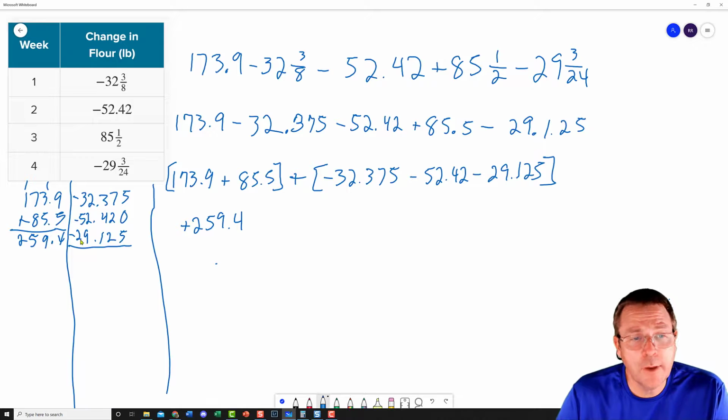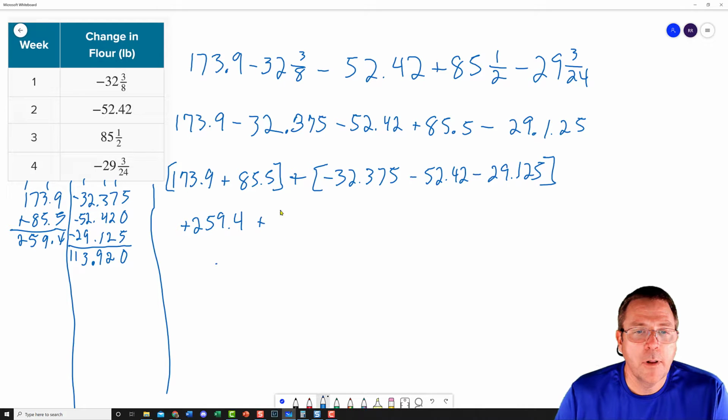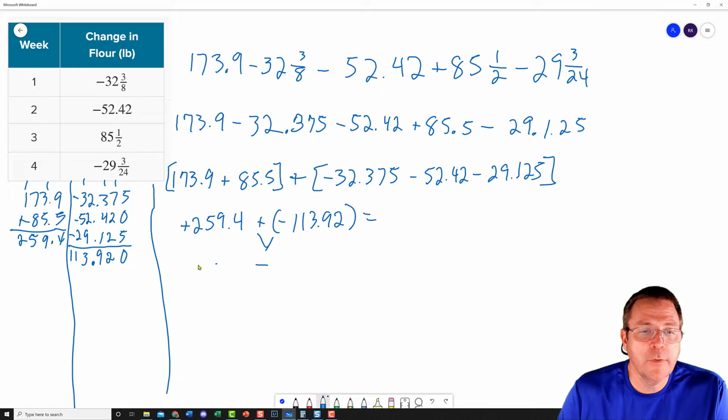All the signs are the same, so we can find the sum. 5 plus 5 is 10, carry the 1, that's going to give me 12, carry the 1, that's 8, 9, there's your decimal straight down. This one's going to become a 13, carry the 1, that's going to become a 10, 11, so I'm going to get a negative 113.92.